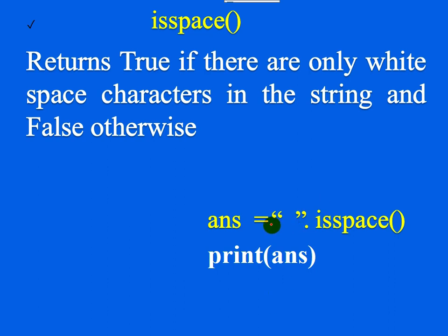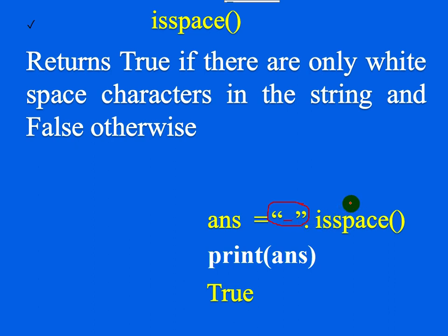Finally, instead of using variable names, directly you can mention the string like this, inside double quotes or single quotes or triple quotes. So this is a string of a space, followed by dot isspace. What answer will you get? Certainly the answer is true, because this string contains only white space character, and to be precise, the white space character is space.